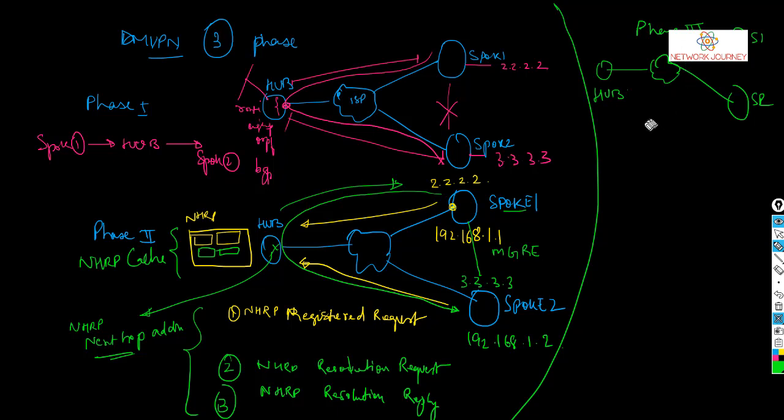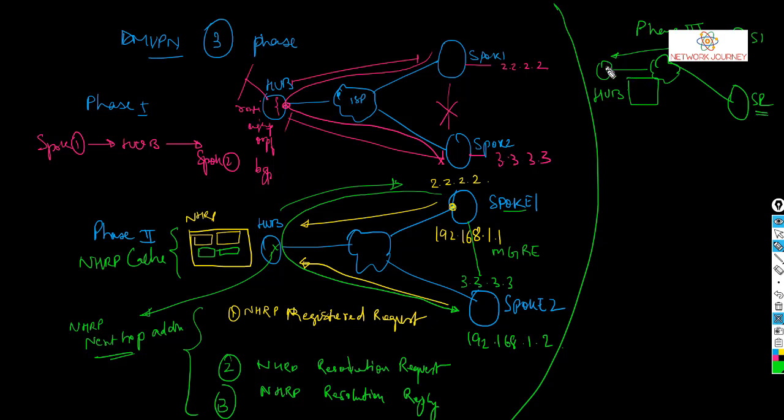Let's say if S1 wants to communicate to S2, since they don't have a direct tunnel, the request comes to the hub. The hub will check its routing table and see the request is for a different destination.